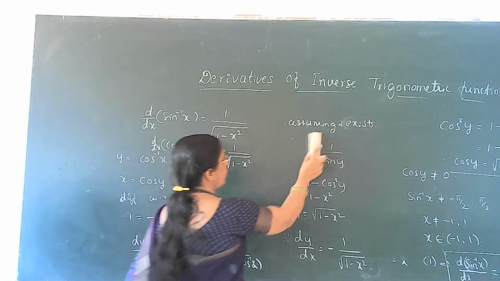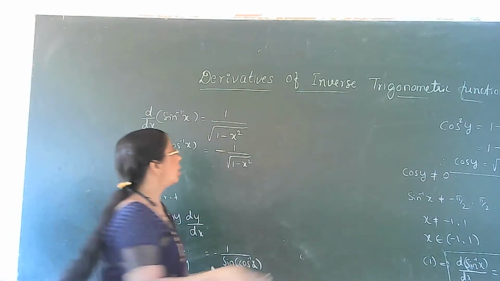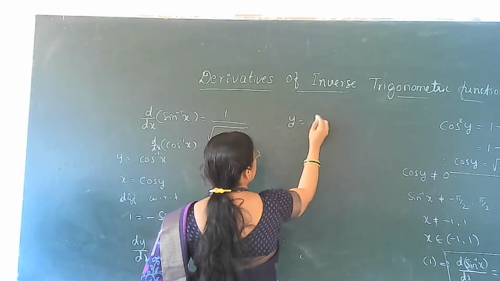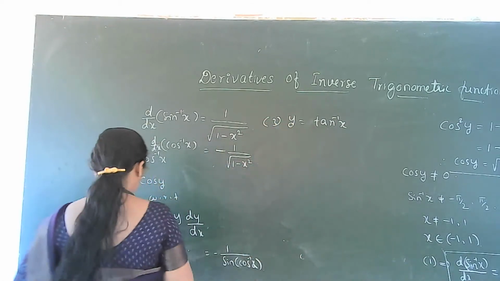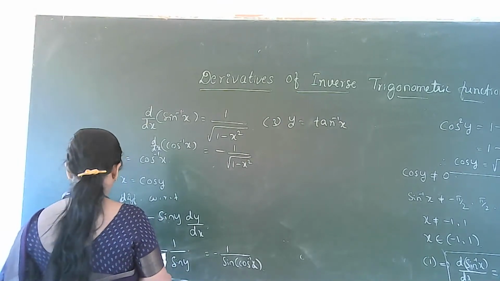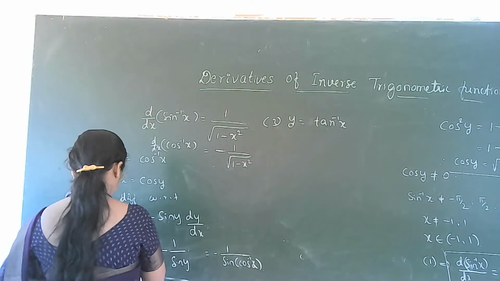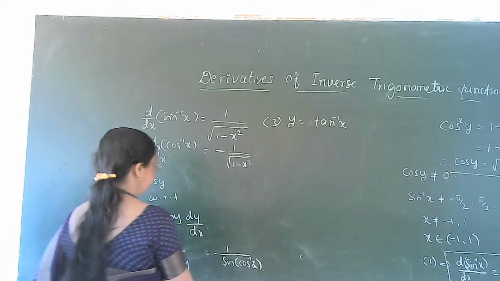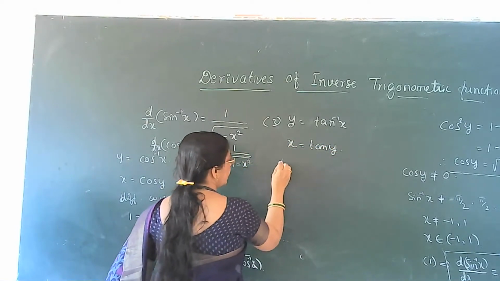Then you have to find the derivative of one more function, tan inverse x. Y is equal to tan inverse x. Third one, tan inverse x, which means x is equal to tan y.